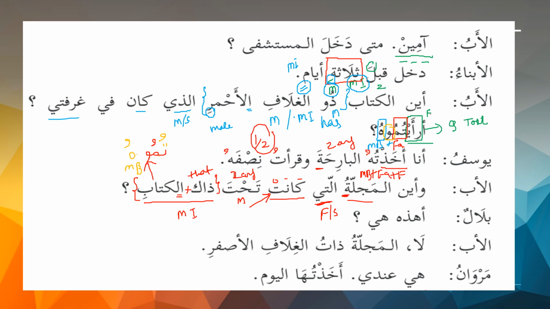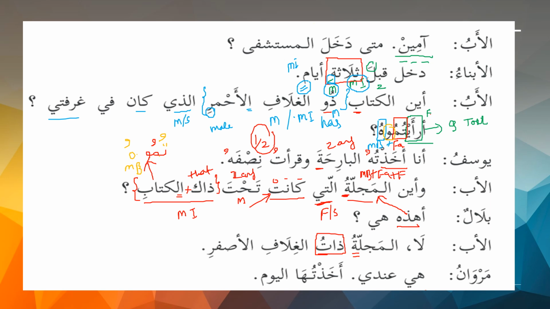And now Bilal says, ahadhihi hiya. Now why is he using hadhihi? Because the object in question is majalla, the feminine noun. Ahadhihi hiya. Is this it? So father says, la. Al-majallatu dhatu. So the usage of dhatu is, you can see the usage of that. Why? Because majalla is feminine noun. Here you saw the usage of dhu because the kitab was a male noun.